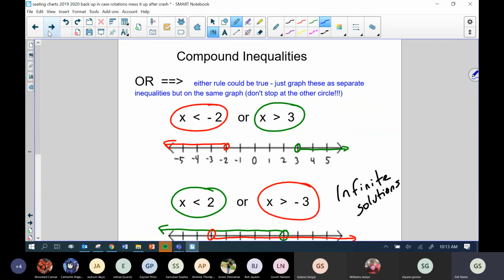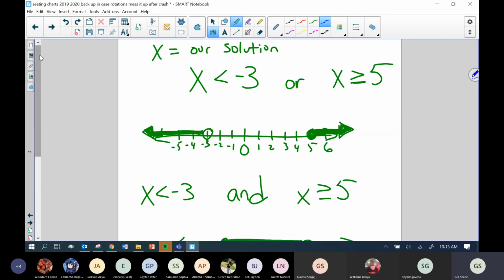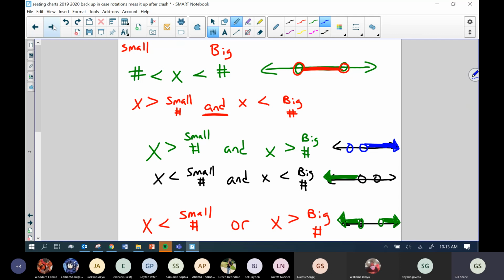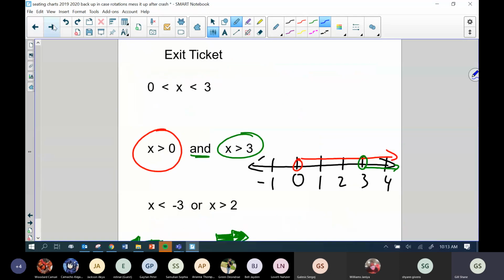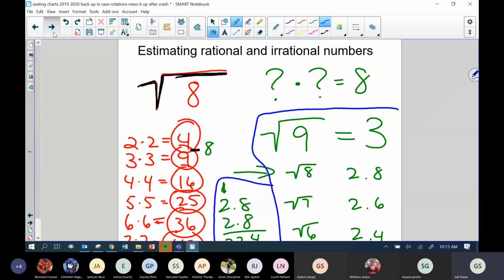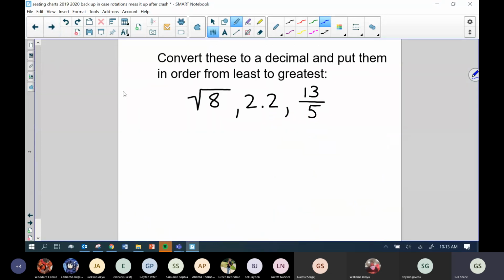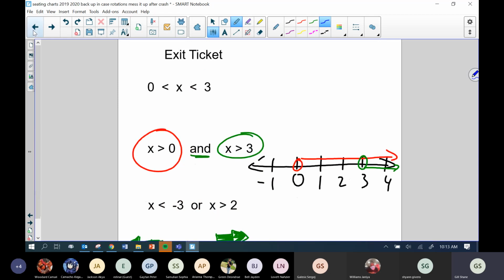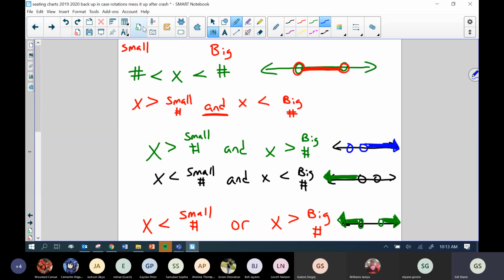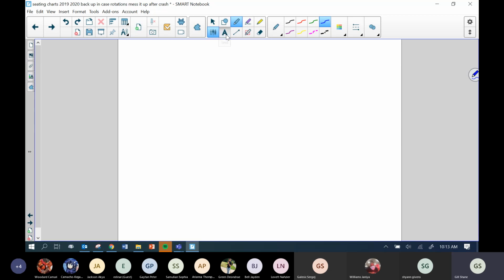Well, apparently somehow it got deleted and didn't save. So I guess I'll type it up. So let me type it up again.